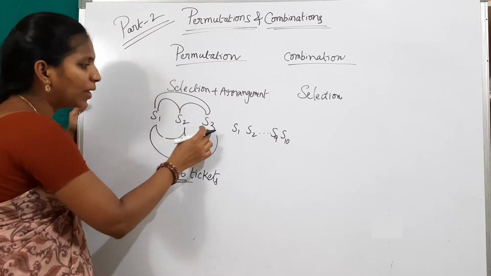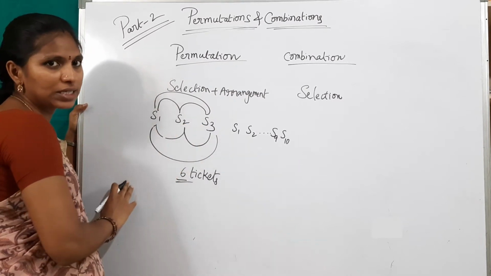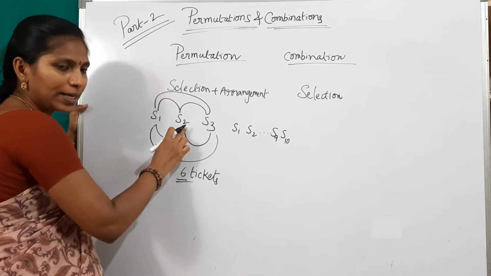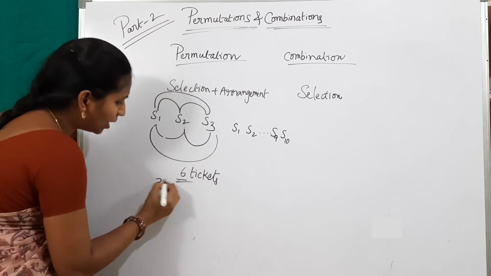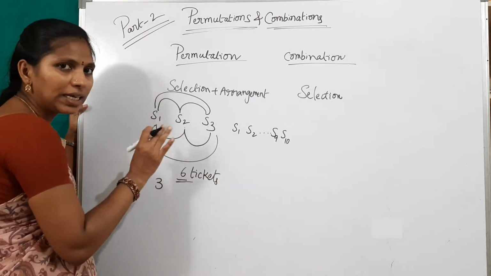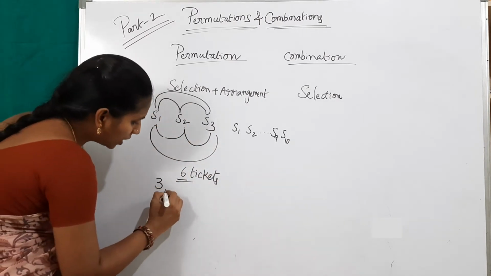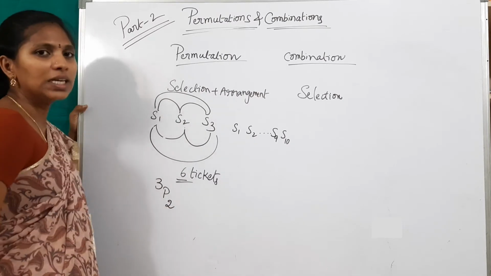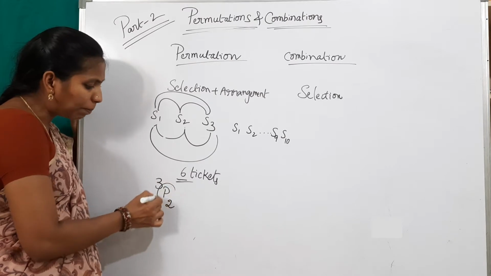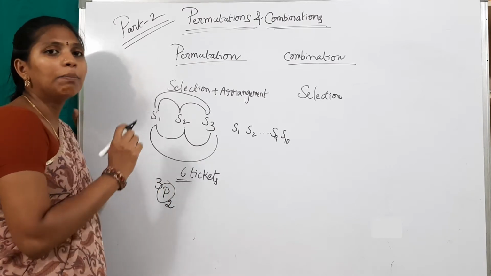See here, how many stations? 3 stations. A ticket is for 2 stations, S1 to S2. So the number of stations is 3, and the ticket is for 2 stations. 3P2 is the result. What is meant by P here? P means permutation.